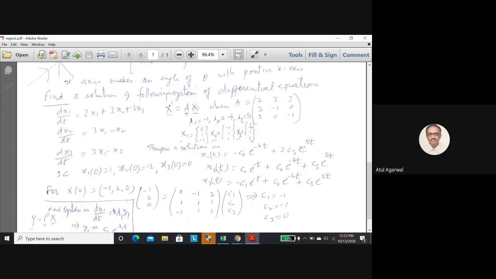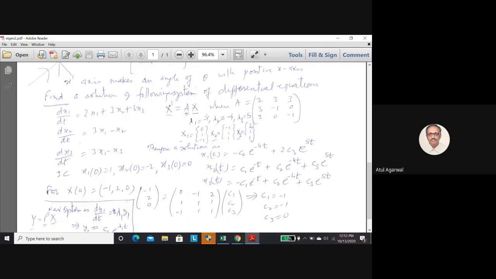Now, what do you do? Multiply this side with P. So here you are writing P transpose, here you multiply with P. So here what will be left is P A P transpose. P A P transpose will give you a diagonal matrix. And on the left-hand side, you will just get your y prime. So y prime is equal to a diagonal matrix into y. So a simpler diagonalization process we will do.